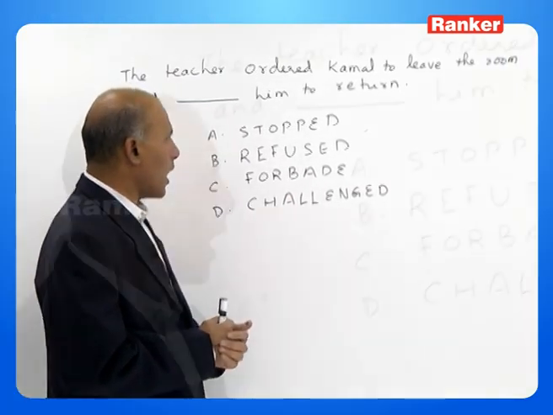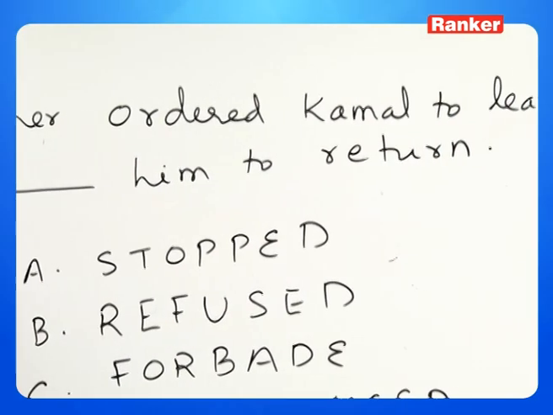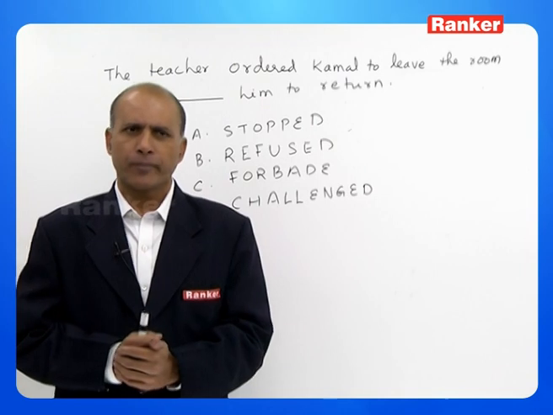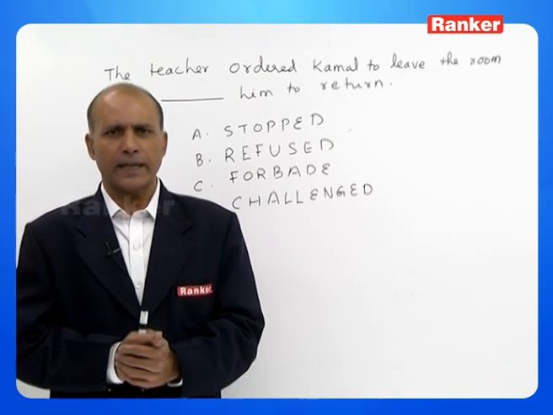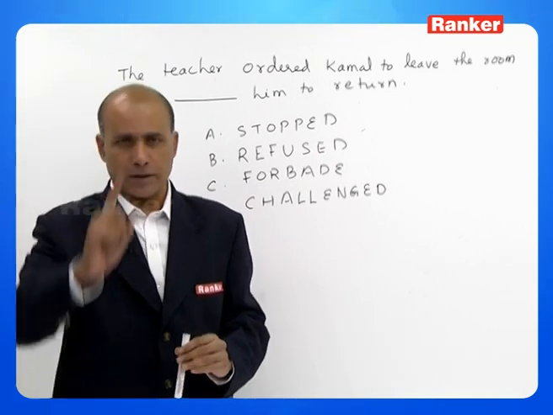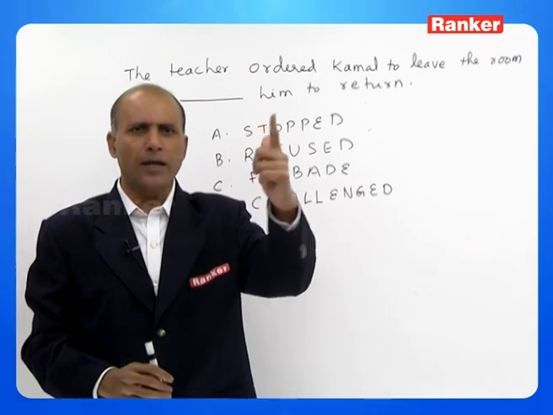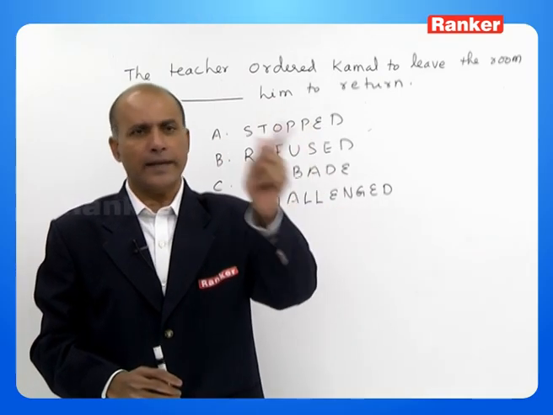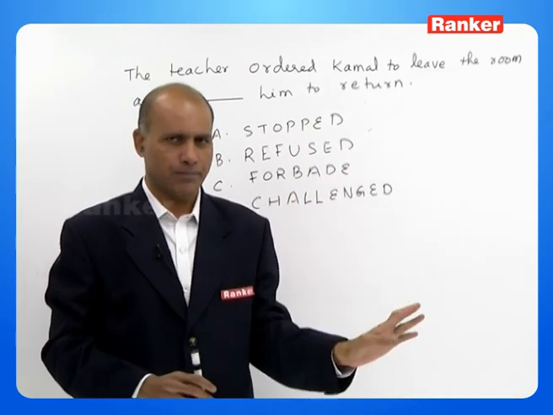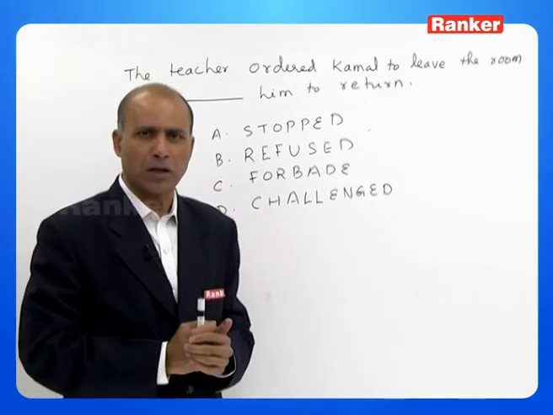The teacher ordered Kamal to leave the room and dash him to return. I am a teacher. One day I said, please get out of my class and don't come back. I ordered Kamal to leave the room and dash him to return. Here, I challenged him to return.